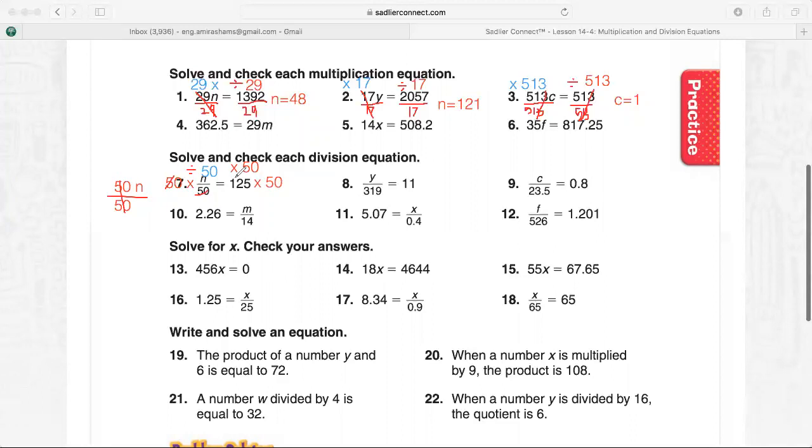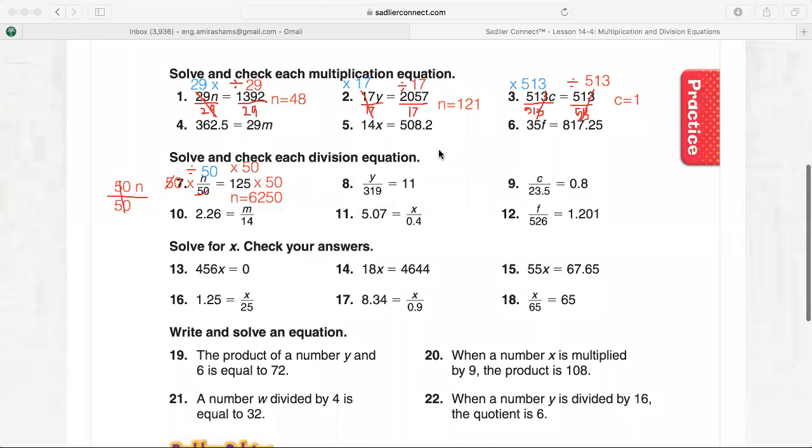Okay, so n is equal to 125 multiplied by 50. So n is equal to 6,250.